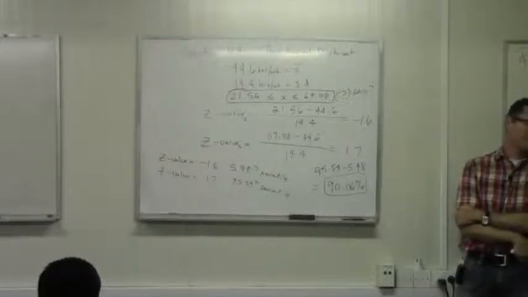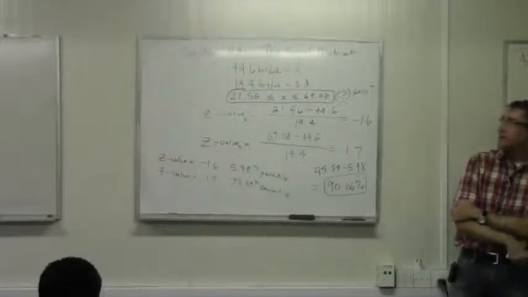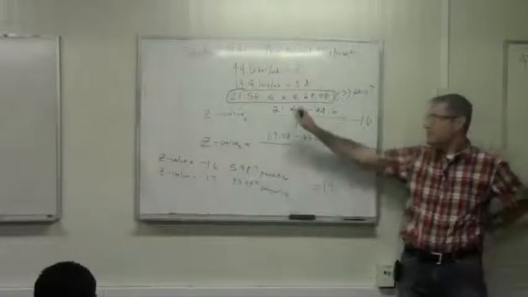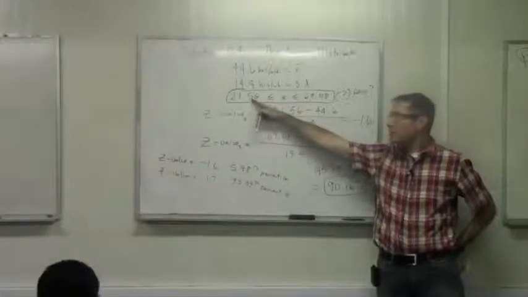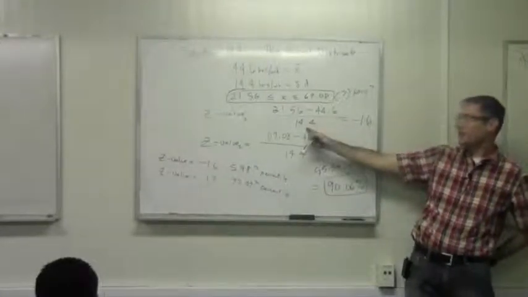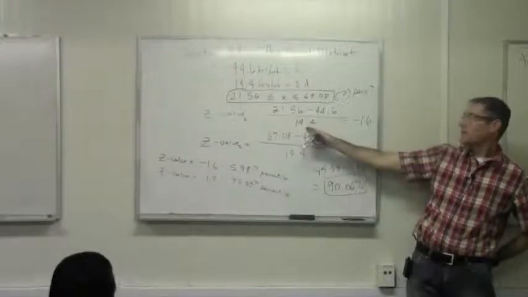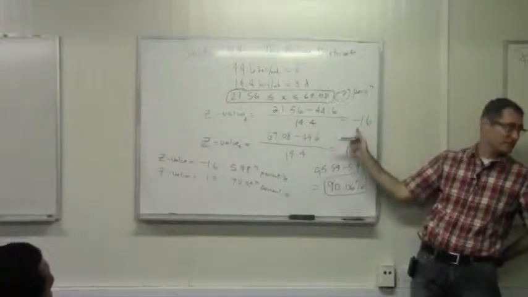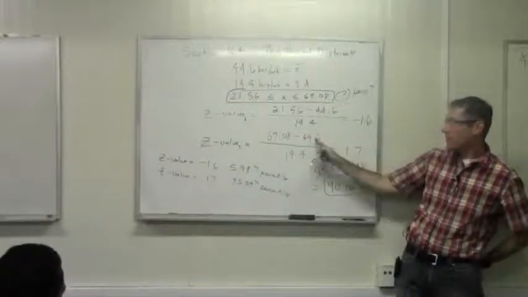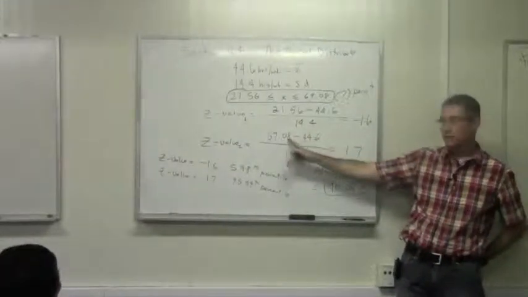This isn't really that hard, it's just a matter of applying the principle here. First thing I did, I said the z value of the lower one, 21.56 minus the average, 44.6, divided by 14.4, gives me negative 1.6 for the z value. I did the same exact thing for the upper value, and the only number I changed was the 69.08.